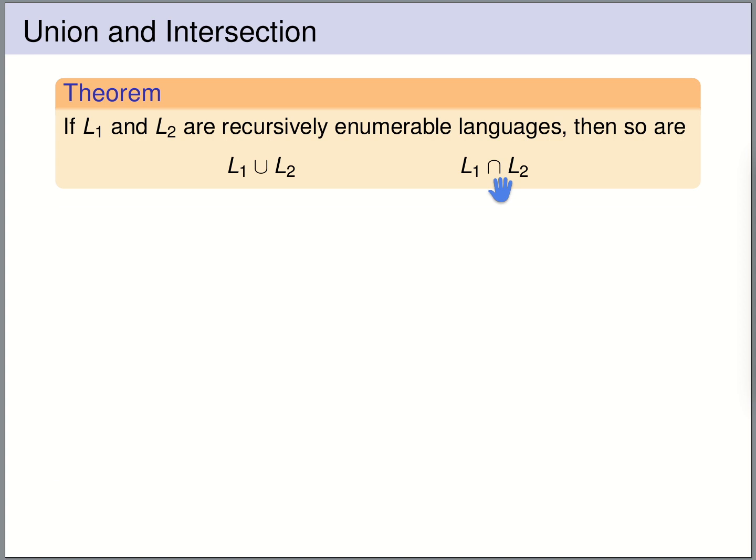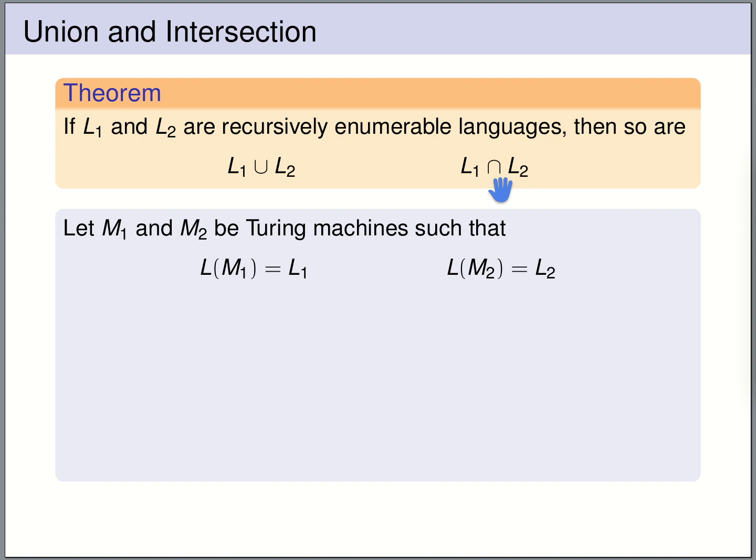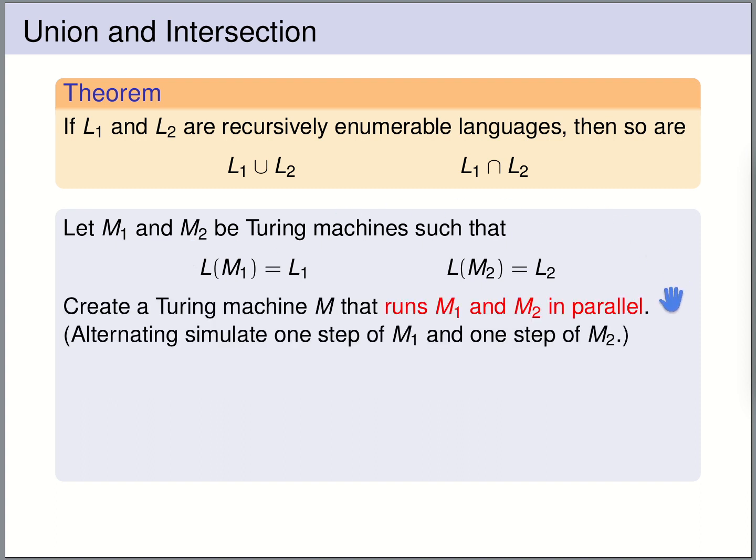Let's prove that. Since L1 and L2 are recursively enumerable, we have deterministic Turing machines M1 and M2 that accept L1 and L2. Now we want to create a Turing machine M that accepts the union or the intersection of these two languages.